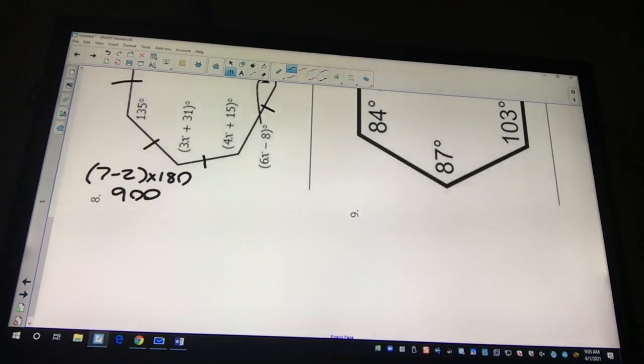Now, just because there's lots of letters and numbers on there, don't get it all mixed up. You know the general formula. So you take this plus this plus this and equal it up to that sum.